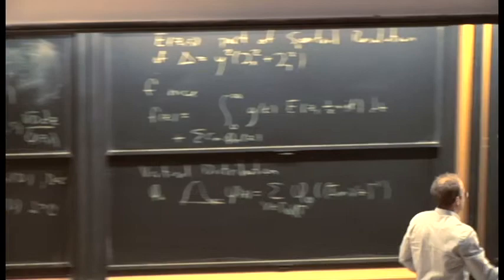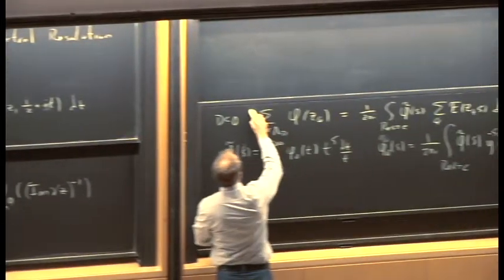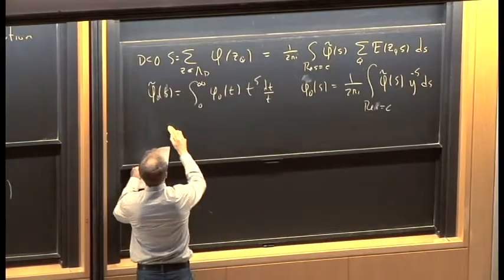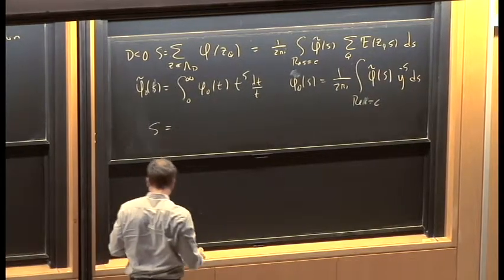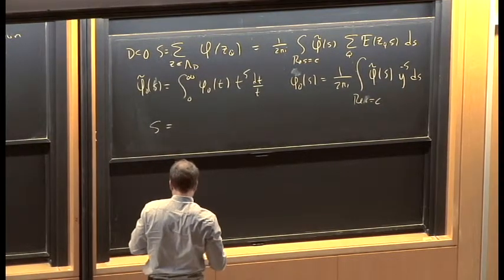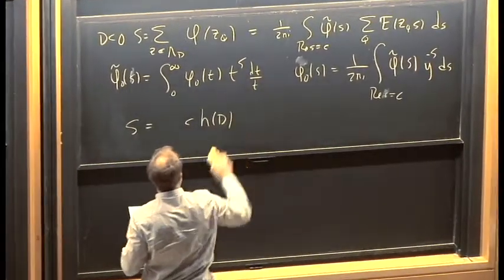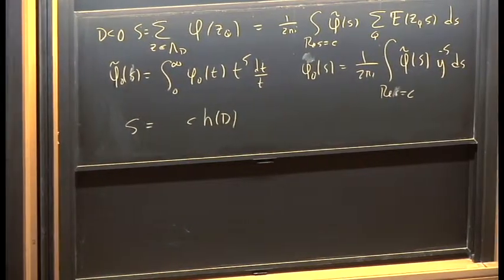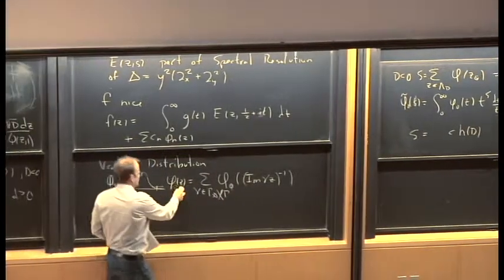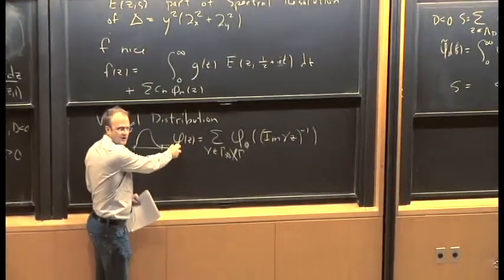And so what pops out of this, if I call this S, is an asymptotic formula for S. What we get is a constant times the class number. And this constant is really the integral of this invariant function that we built with respect to the hyperbolic measure.